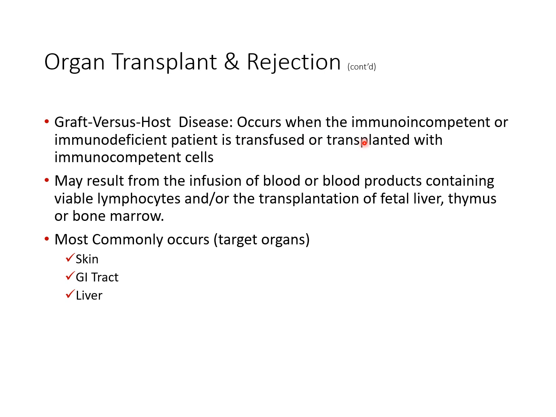So this occurs when the immunocompetent or immunodeficient patient is transfused or transplanted with immunocompetent cells. So let's say I am immunocompromised. I don't have a very strong bone marrow. Let's say it's weak, it's bad. So it's been determined that they're going to give me a bone marrow transplant. So this is going to be a healthy and a strong bone marrow that they're giving me, right?